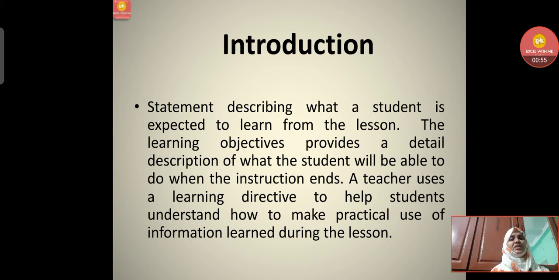A teacher uses a learning directive to help students understand how to make practical use of information learned during the lesson. So, while writing the learning objectives, a teacher helps students to understand what is the practicality of the topics she is going to teach them.